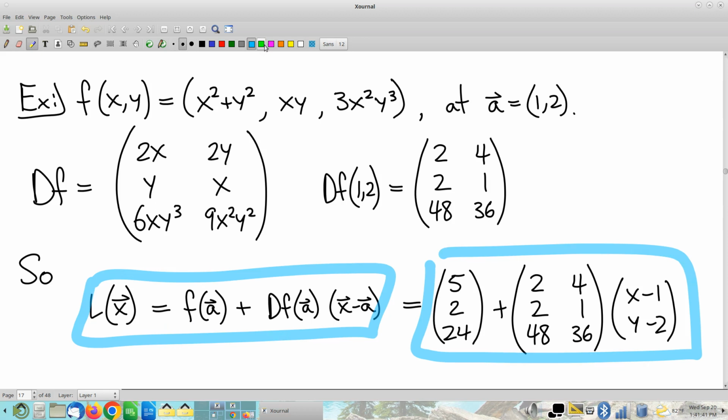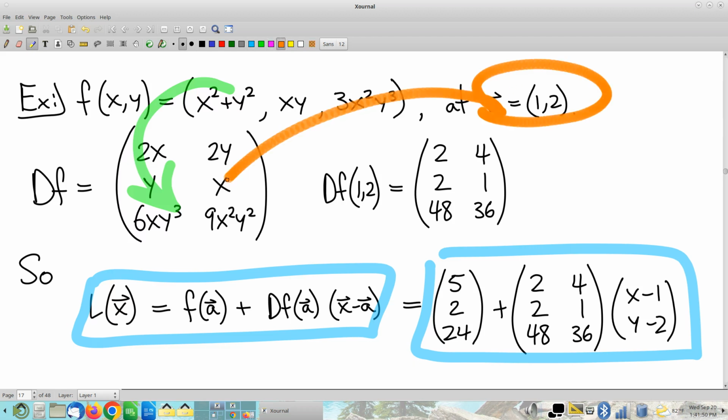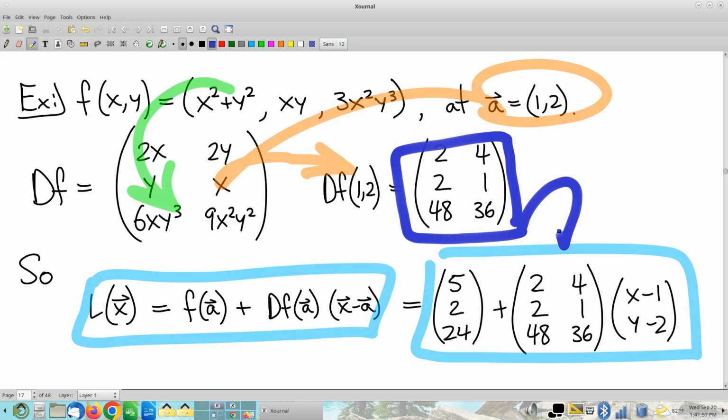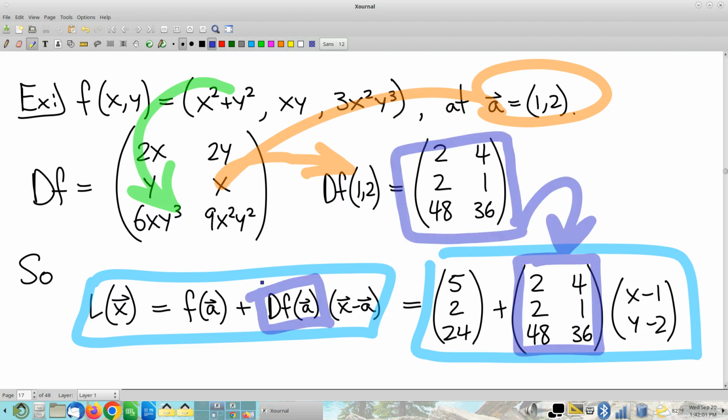Because in order to get that, all you have to do is take the appropriate partials to get the derivative matrix, plug in the point in question to get the evaluated derivative matrix. It just goes right there where it's supposed to. And everything else is just kind of a matter of writing it down. Okay. All right. Is everybody okay with that? Any questions before we go on?